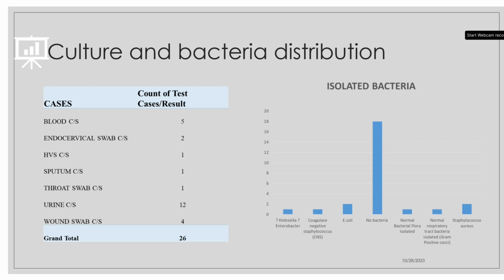Now you can also use your data to do analysis and find out some disease distributions or trends when it comes to some tests you have done at the lab. So if you look at the graph on the right, it is talking about some bacteria that have been isolated from a microbiology lab. And looking at the total culture from the table on the left, you realize that about 26 cases on culture and sensitivity was done in that particular month.